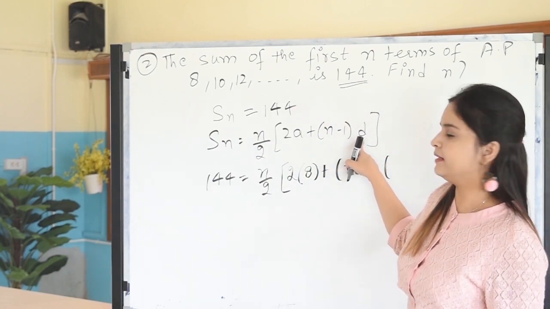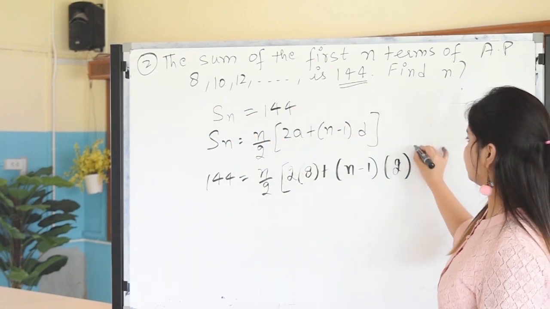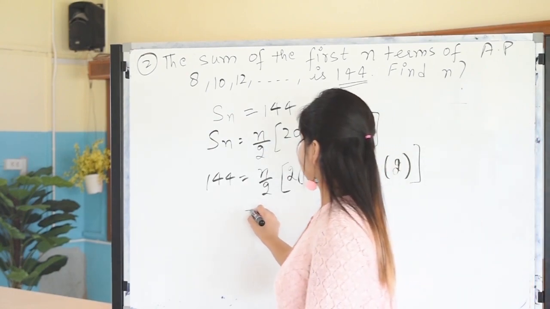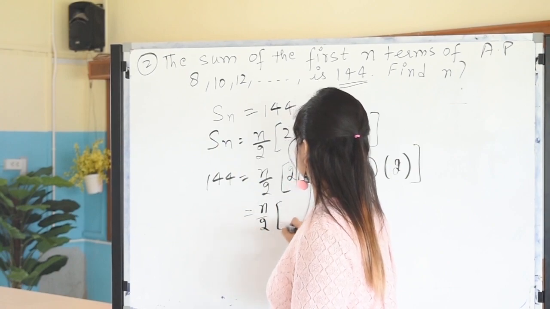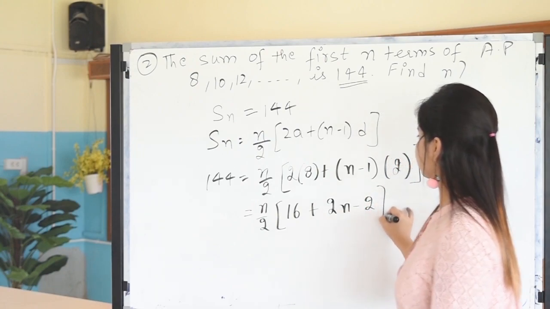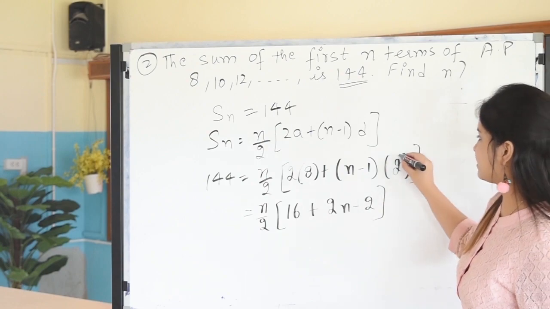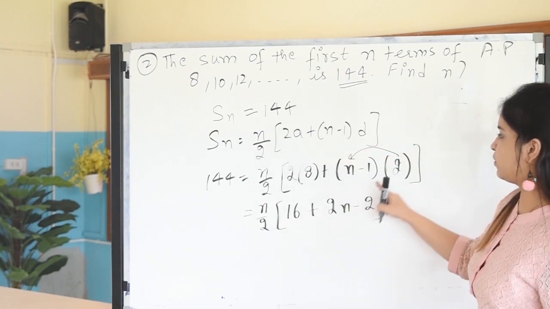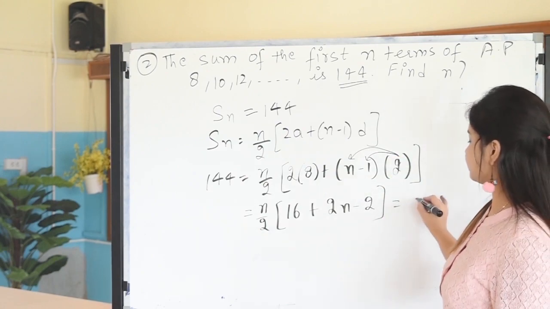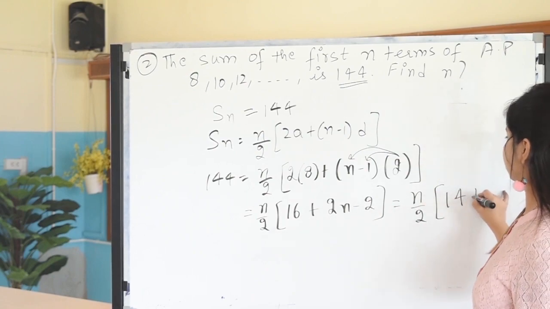What is d? d is 10 minus 8, which is 2. Now, just simplify this. Multiply 2 times 8, 16, plus 2 times n is 2n, minus 2 times 1 is 2. 16 minus 2 is 14.